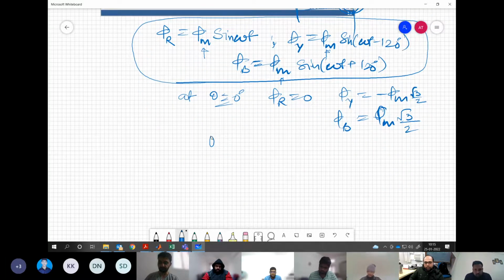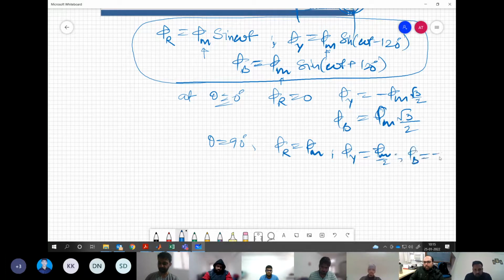Now, if you take another point, say 90 degrees, what will happen? Phi r would be maximum, phi m. Then phi y would be minus phi m by 2, and phi b would be minus phi m by 2. The important thing to notice over here is that the algebraic sum of all these three is 0, always.